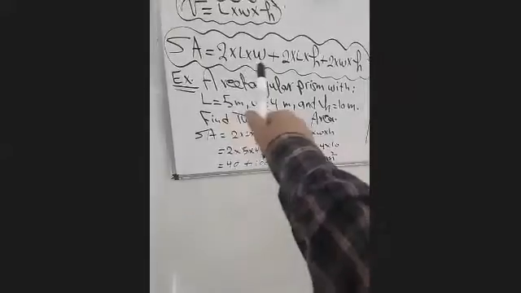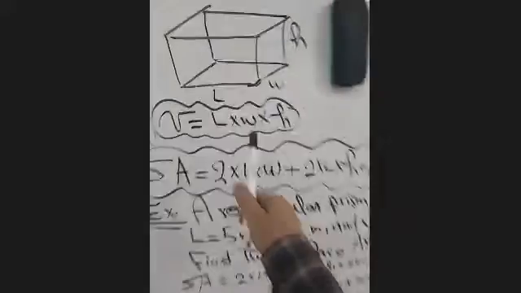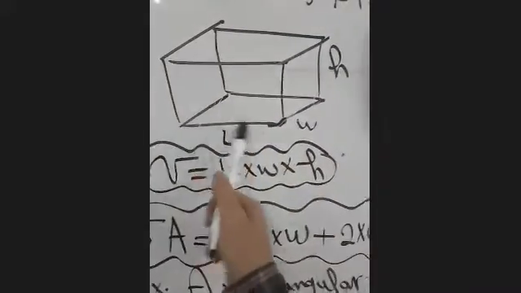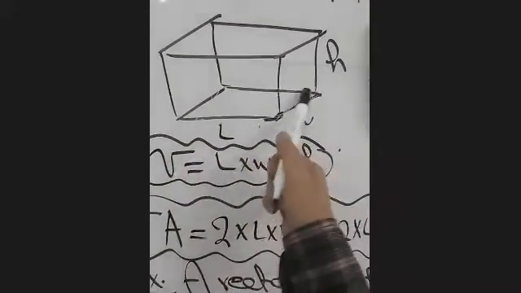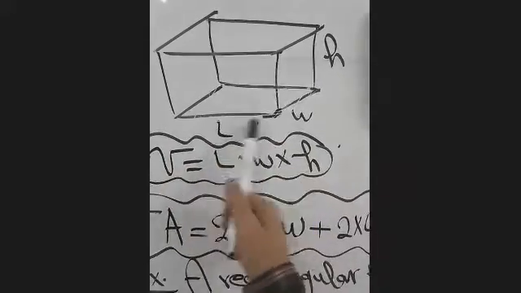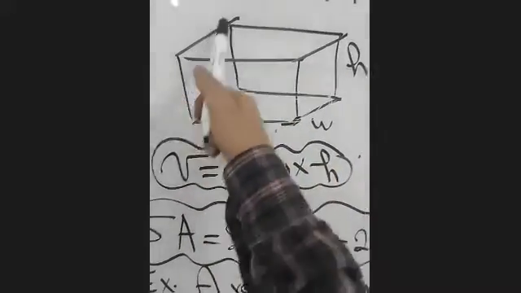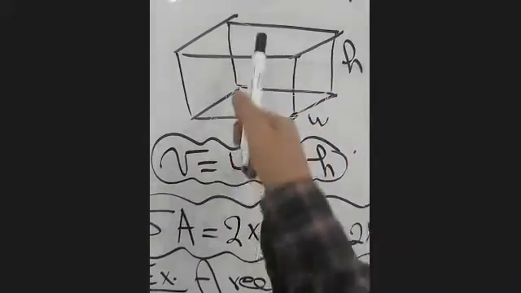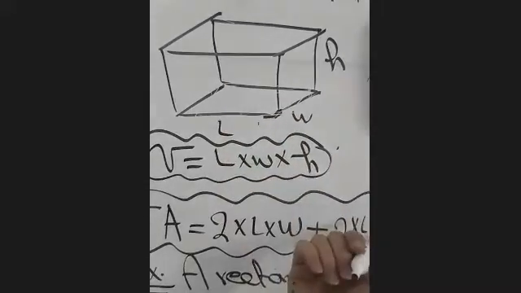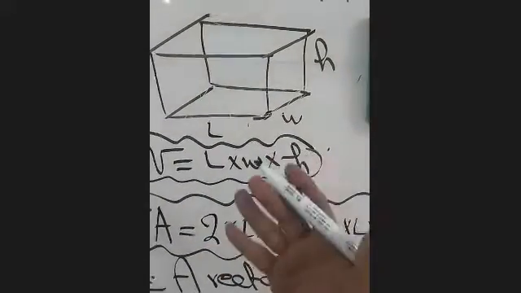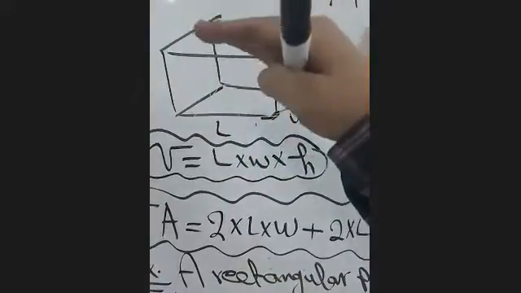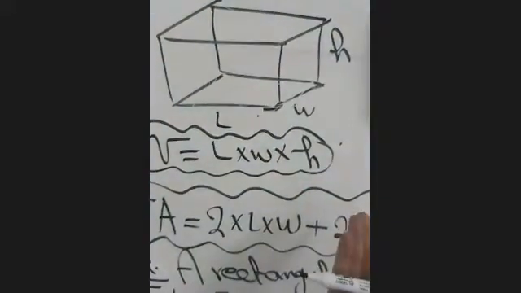Here, this is the floor. What's the area of the floor? Length by width. And the area of the roof up is the same. In the box, the roof is the same as the floor, right? Yes. So I write 2.